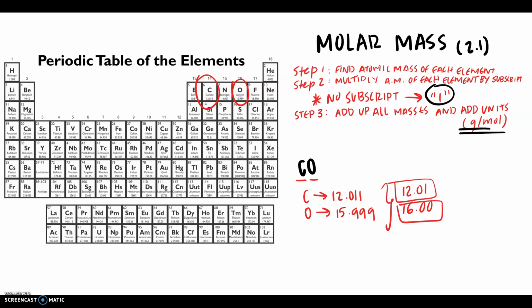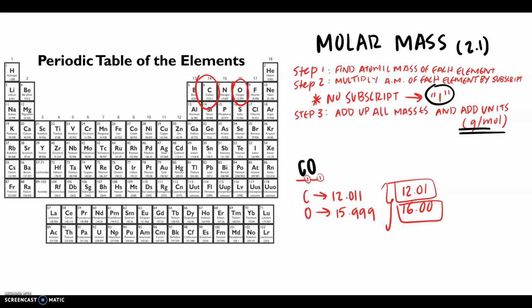So for carbon monoxide, we said we have 1 carbon and 1 oxygen. So step 2, multiply atomic mass of each element by the subscript. And remember, whenever there's no subscript, it just means that there's 1. So both of these lack a subscript, so we're assuming that there's just 1, right? So step 3 is add up all the masses and add units.